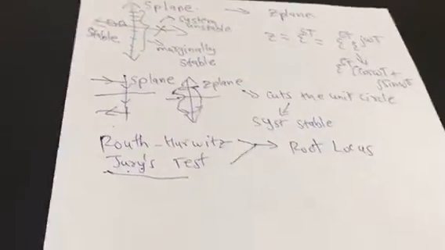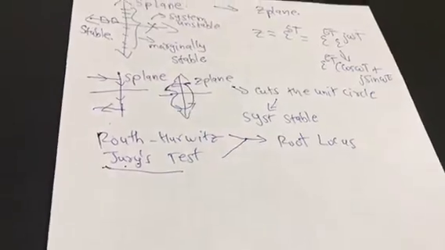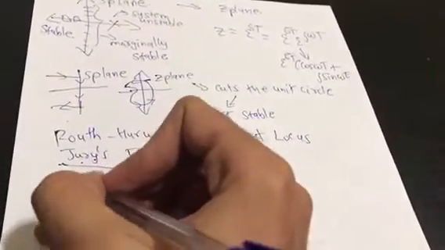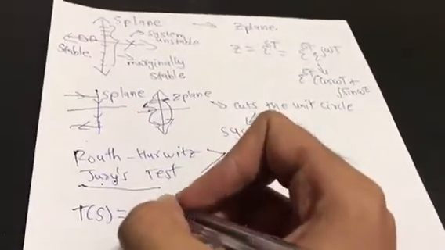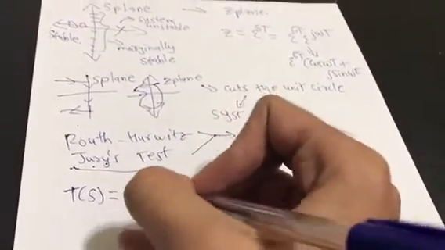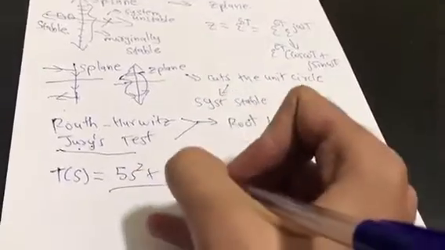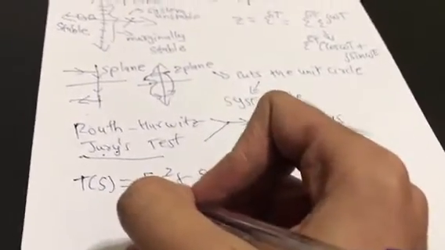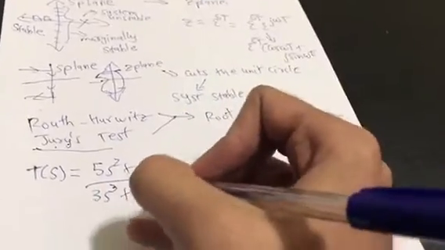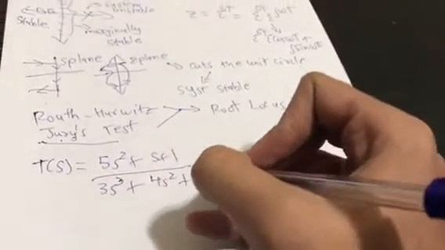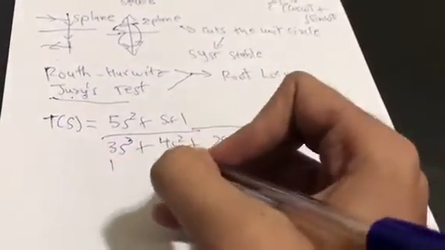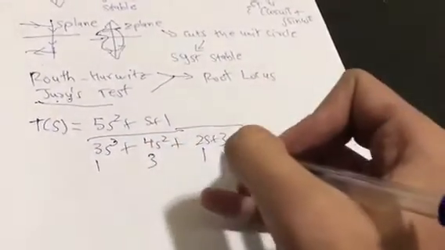Now, taking a simple example, we'll see how Routh's test is useful. Now, if this is the given equation of the system in the S-plane, 5s squared plus s plus 1 upon 3s cubed plus 4s squared plus 2s plus 3. Okay, this is given. Now you see we separate it like this.